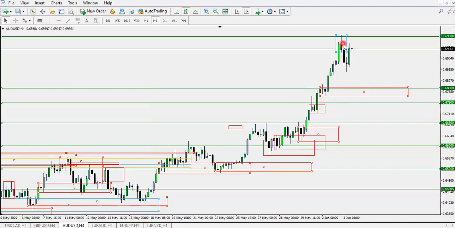If price continues to go upwards, we will just move our source accordingly based on the price action. But for now, this is our source, and we are waiting for price to give us the signal that the institutional order flow has changed.